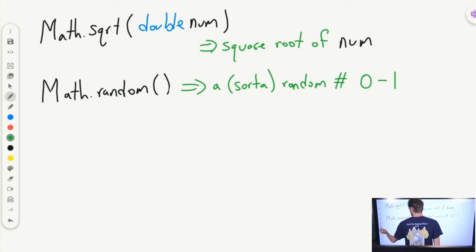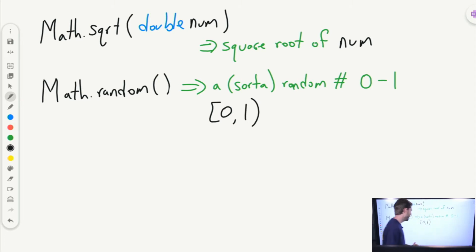If we notate that in interval terms, it'll be 0 inclusive, comma, 1 not inclusive. So it's really 0 to 0.9999999, all the way until you reach the end of what's possible in a double.